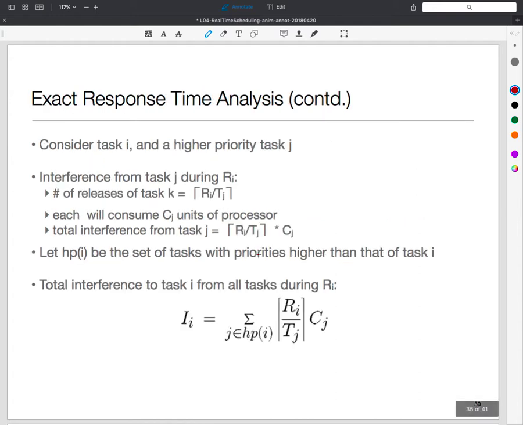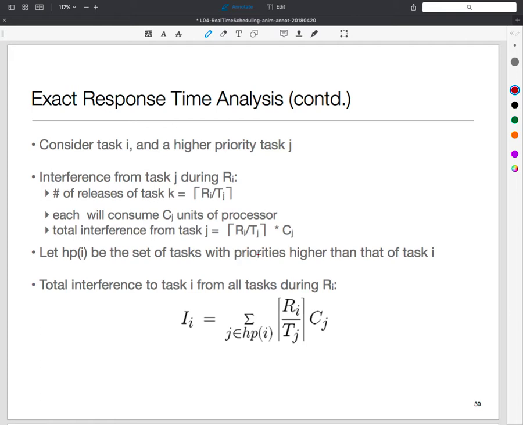So now consider our task i, and consider some higher priority task j. During that interval R sub i, task j can potentially arrive multiple times.